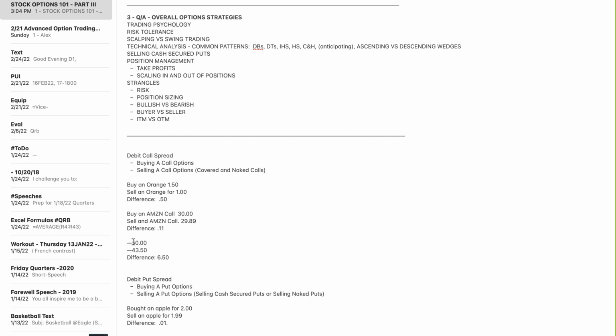The risk is still capped, and you still make a lot of profit even though the profit potential is capped. That's one of the main differences between buying vertical spreads and just buying a put or a call. When you're buying a call option, the profit potential is unlimited, but when you're buying a spread, profit potential can be significant depending on various factors, but it is limited.